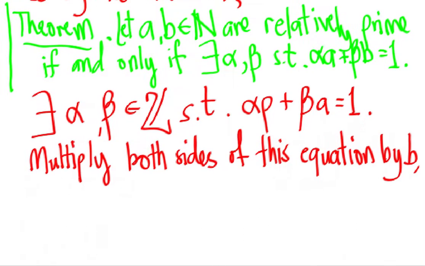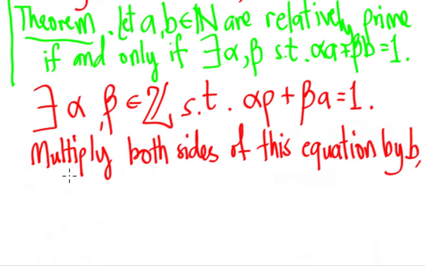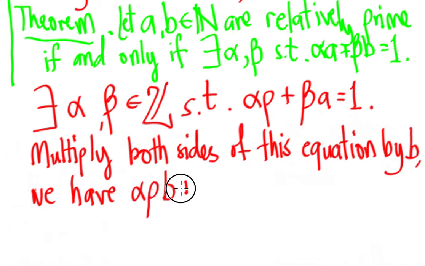We have alpha PB plus beta AB. The right side is 1 times B, so it will simply be B.